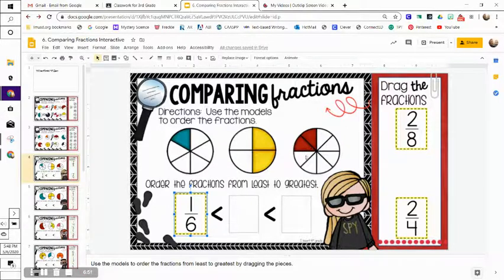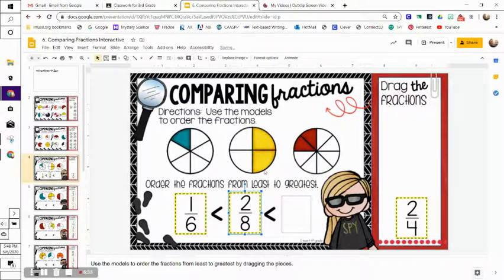Here I can see that 2/8 is going to come next. It's bigger than 1/6, but it's not as big as 1/2. So I'm going to move that one over here. And then the 2/4 right here, that's the largest fraction.